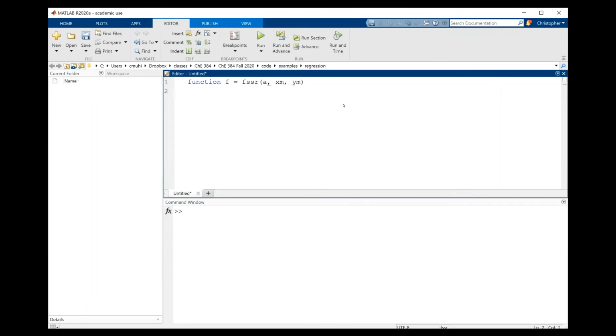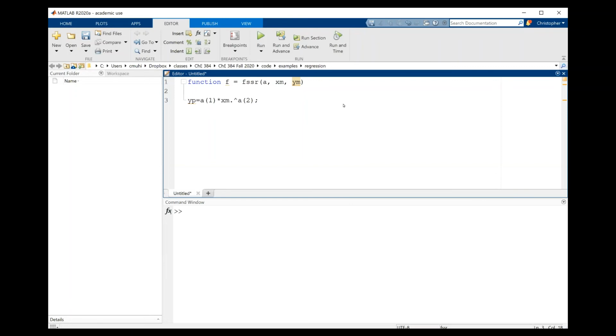All right, so we can now tell MATLAB what our function is that we're going to operate on. So this was f equals a1 times x to the a2.